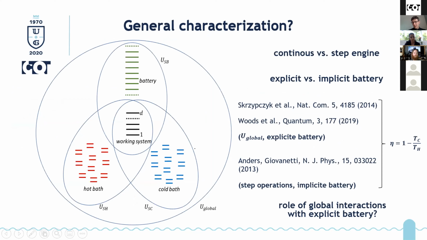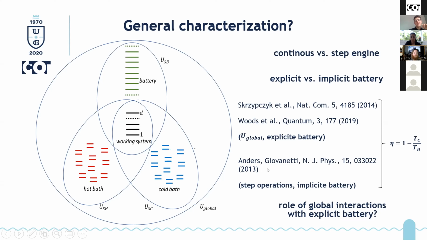So we already know that if we allow for the joint interaction between all constituent parts, the working body, the battery, and the bath, so if we allow for global unitaries that conserve energy, and we include the battery explicitly in our description, we can actually achieve the Carnot bound.